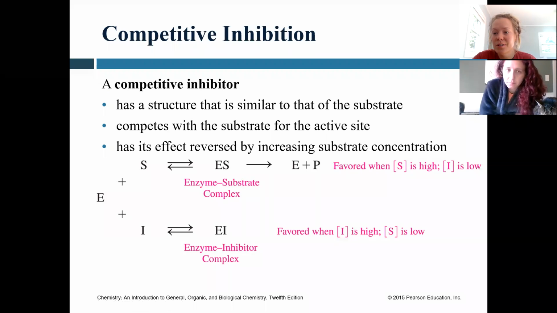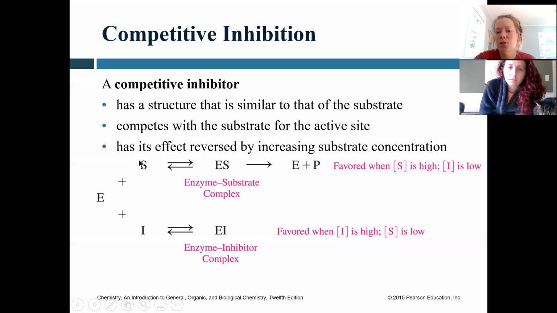It's kind of like, if there's 10 people and you need all 10 people to work for you, but somebody else comes along and is like, well, I'm a better fit, and they take 5 of those people, you're only left with 5 people. There's only so much enzyme available. Your body won't necessarily make more enzyme. This effect though can be reversed if we increase the substrate concentration.